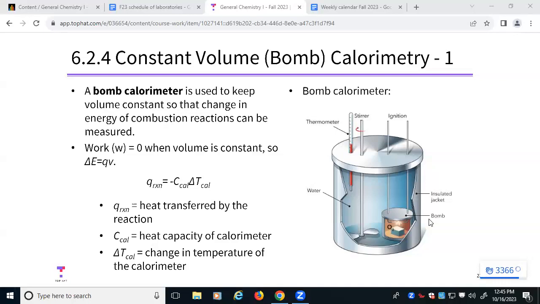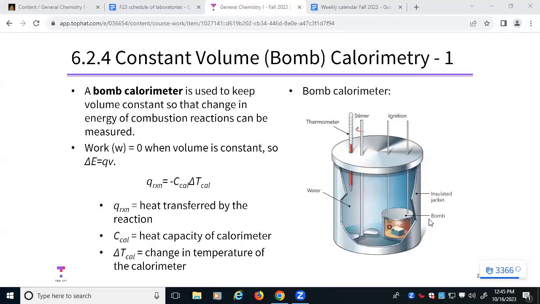Most often, it's a food product that we are encasing in there. So we are measuring the caloric content of peanuts. So we put peanuts inside of here, shock them with electricity to get them to burn, and then measure the temperature change in the calorimeter itself.